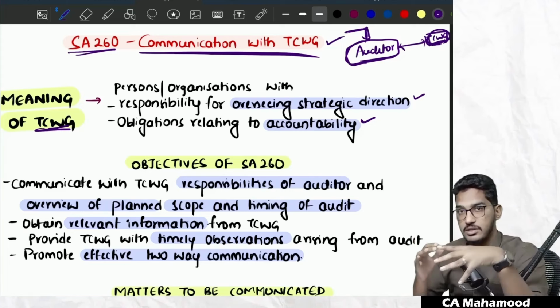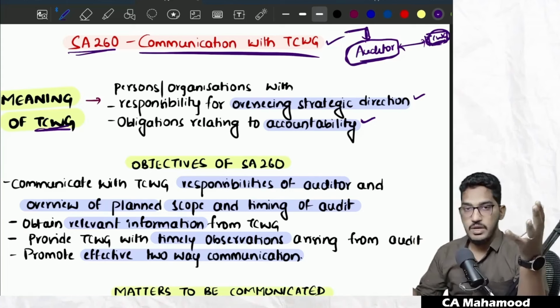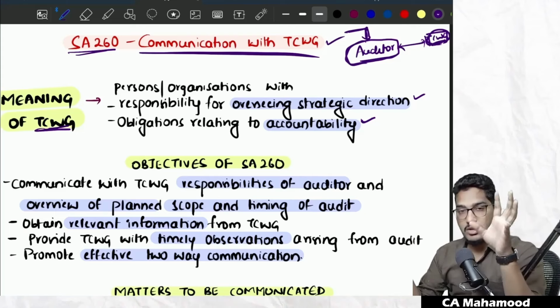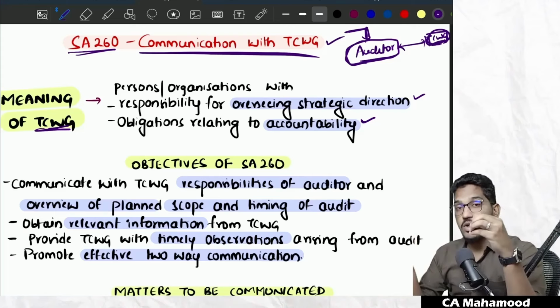Sir, what is strategic direction? For example, every organization wants to grow. Now, what strategy do they have to take for growing? For example, what products the company has to deal with, whether they have to go for manufacturing or outsourcing, or if they are making profits, what should be done with that profit? Should it be distributed among the shareholders or reinvested back in the company? Able to understand?